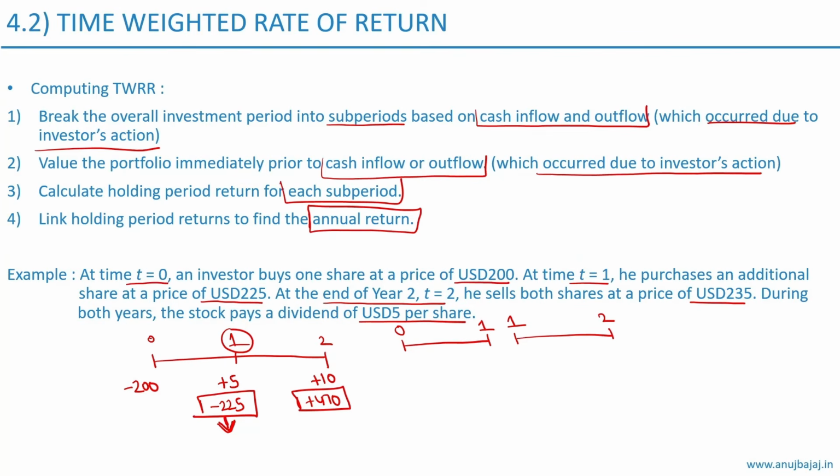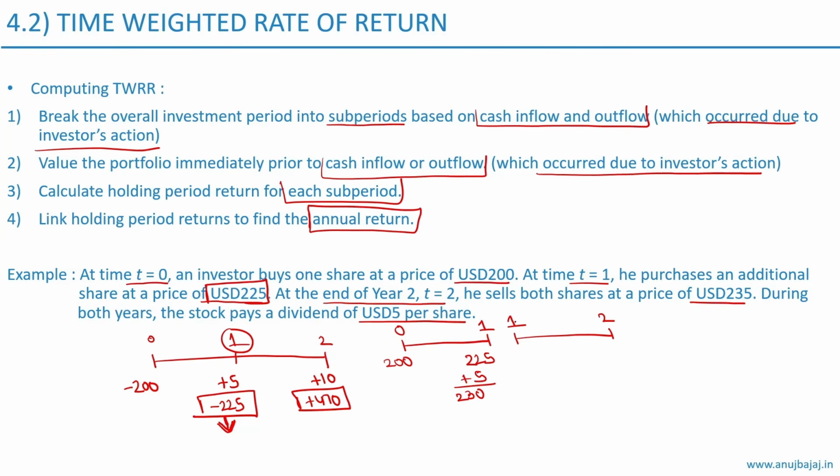Now let us value the portfolio at the beginning and at the end of each sub-period. At the beginning of the first sub-period, we had 1 share in it. So the value of the portfolio was $200, and at the end of year 1, we still have 1 share in our portfolio. So the value of that 1 share is $225. And we also received $5 as our cash flow. So the value is $230.